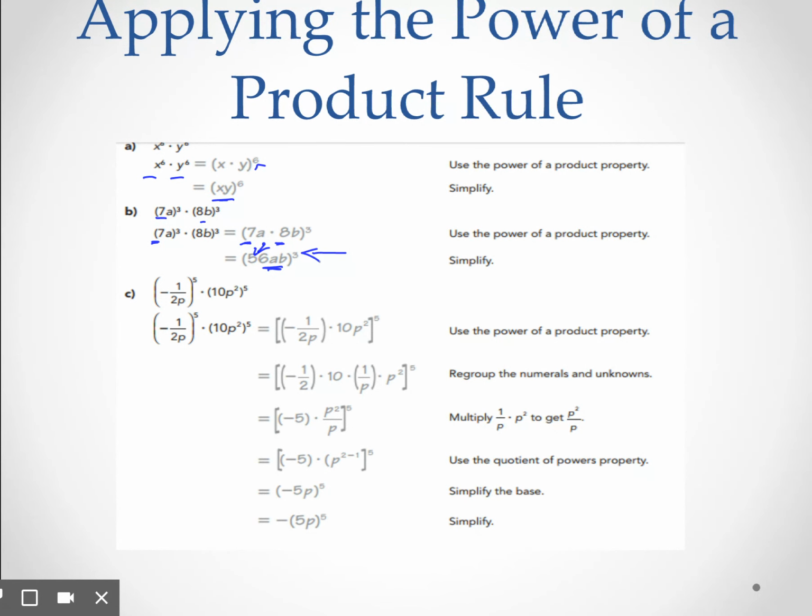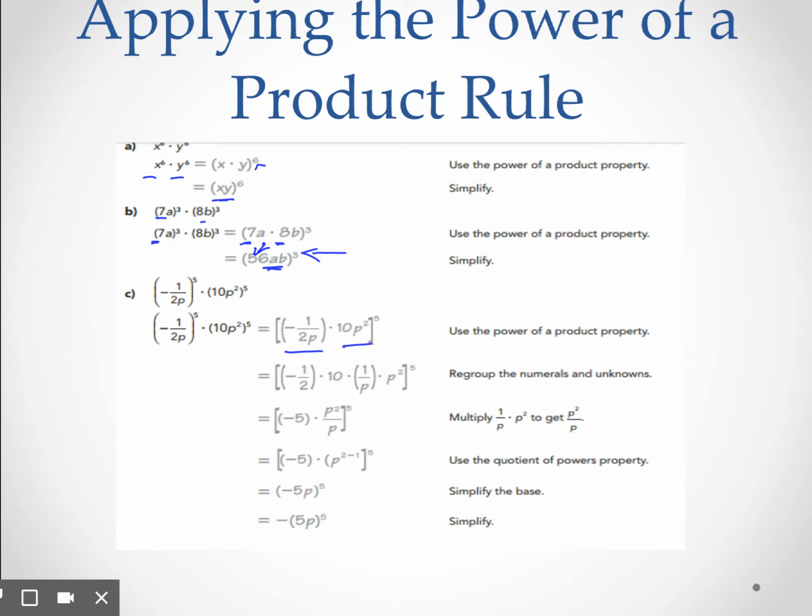Now part C, we get even a little bit more complicated with the fractions and the whole numbers with the variables. So negative 1/2 p to the 5th power times 10p squared to the 5th power. So first things first, let's put those all together, negative 1/2 p times 10p squared together first.